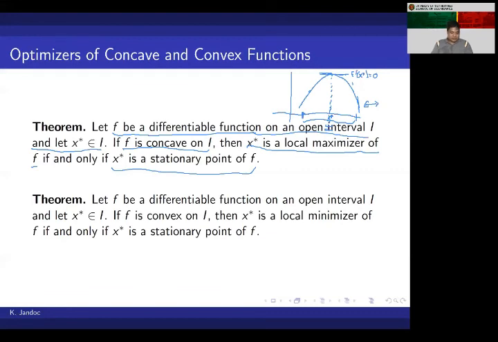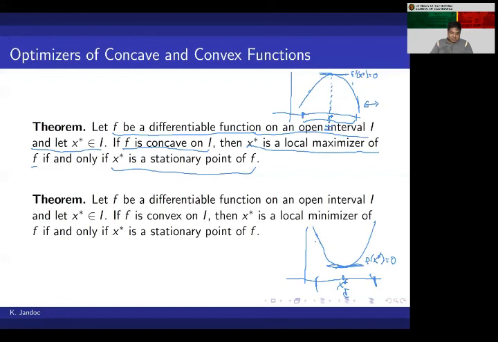Okay, so on the other hand, if you have a convex function like this, and you have the interval, this interval over here, call that I, and you have an x star, then x star is a local minimizer if and only if x star is a stationary point. So a stationary point means that the slope of the tangent line at x star is equal to 0.